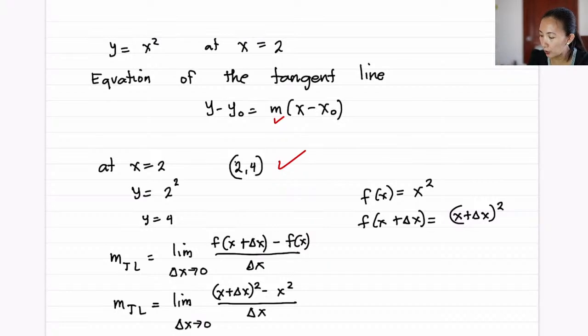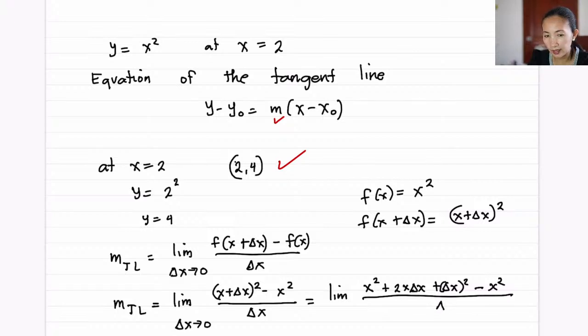So let's continue. If we expand this binomial, what does it give us? This gives the limit of x squared plus, remember, squaring a binomial, the square of the first plus twice the product of the first and the second plus the square of the second term, minus x squared all over delta x as delta x approaches 0.